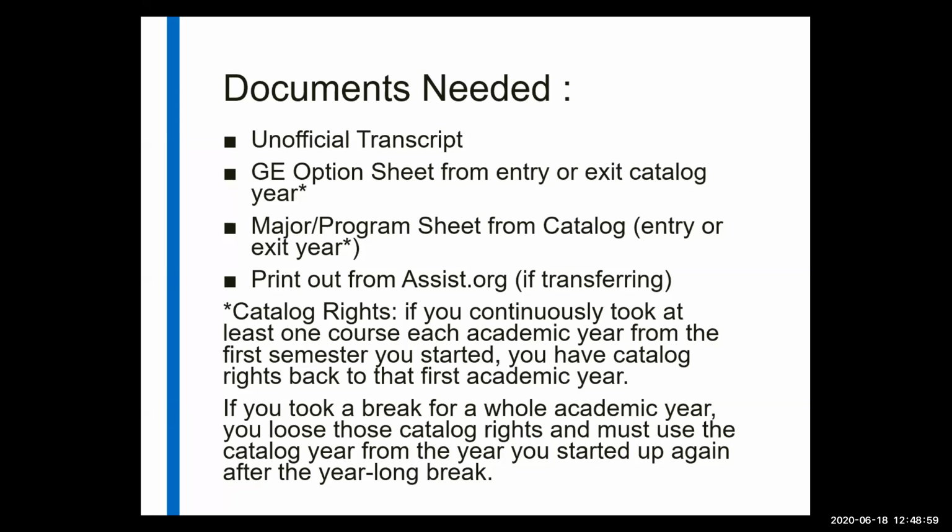So if you started in fall of 2017 and you continued to take a course in fall or spring of 2018-19, or fall or spring of 2019 and 2020, then you would have had consistent attendance and would have the rights for the catalog back to 17-18.